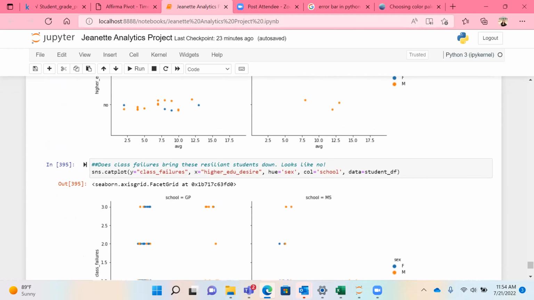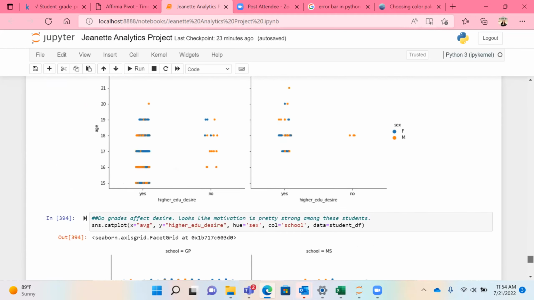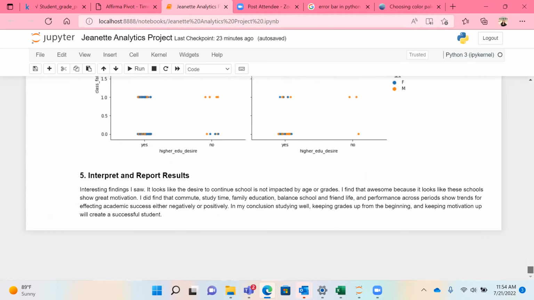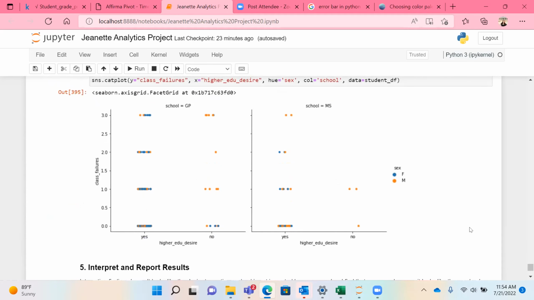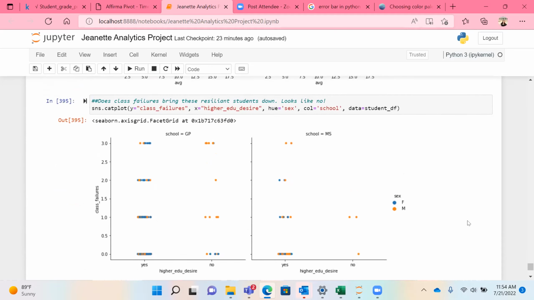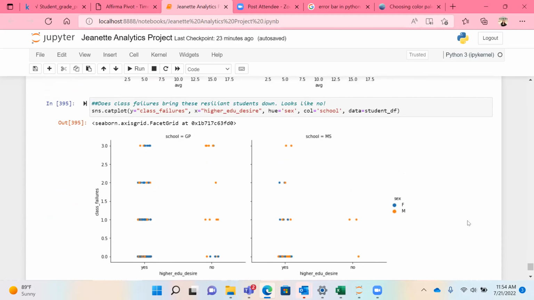Well, I'm just wondering what it's doing. Look at your screen right now, where it says higher education desire, yes or no, and then class failures. You've got a numeric variable on your y-axis that's either 1 or 1.5 or 2, but really it's either 1 or 2 or 3.